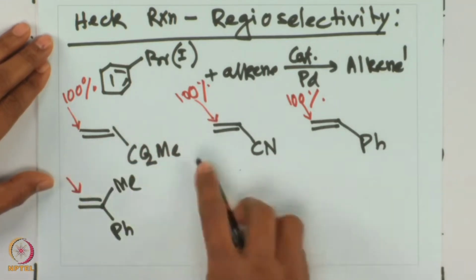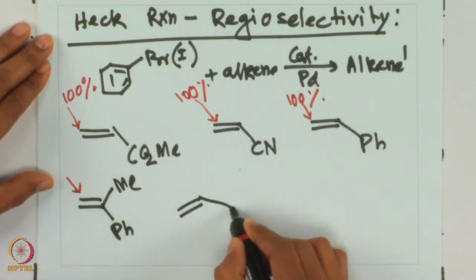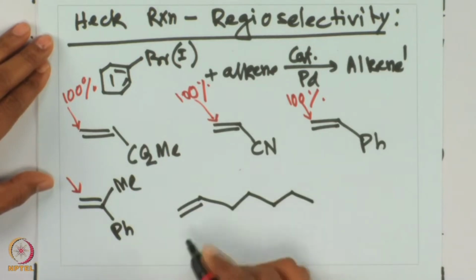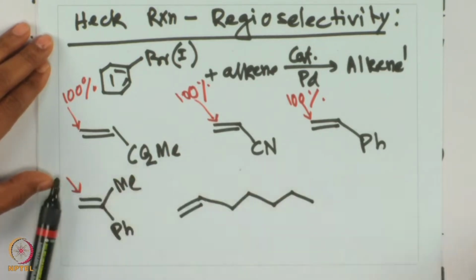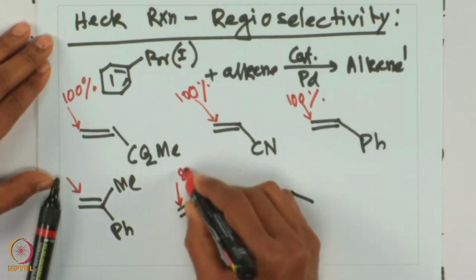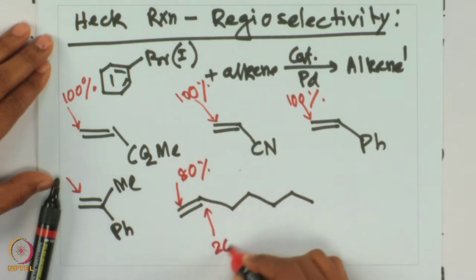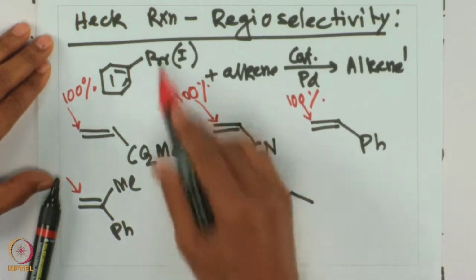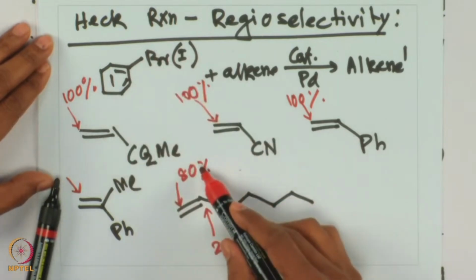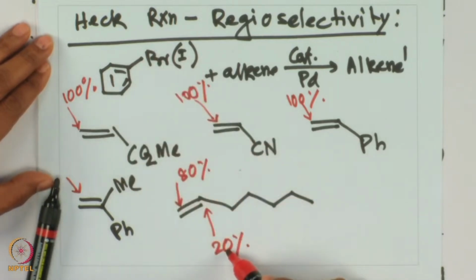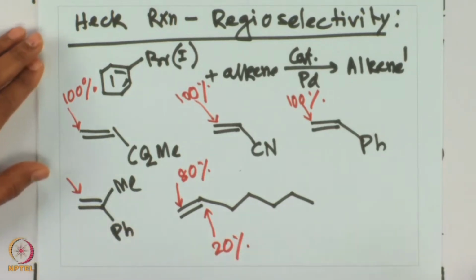If you take something like an aliphatic olefin, you now get a mixture of 80-20: for aryl bromide it is 80% over here and 20% over there. If it is aryl iodide we are using, that would be 90% on one side and the rest on the other. Now, that is very interesting, right.